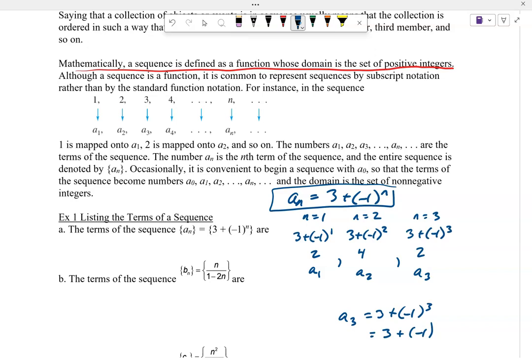So our third term is 2. Our fourth term would be 4, and so on, right? So this sequence is 2, 4, 2, 4, and so on, right?